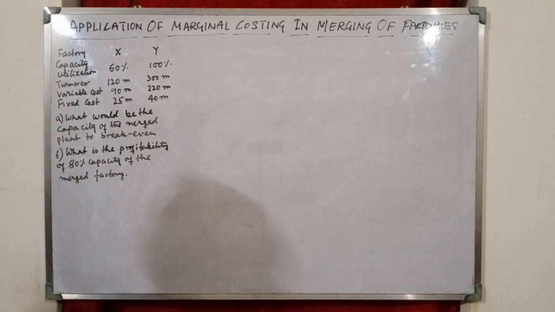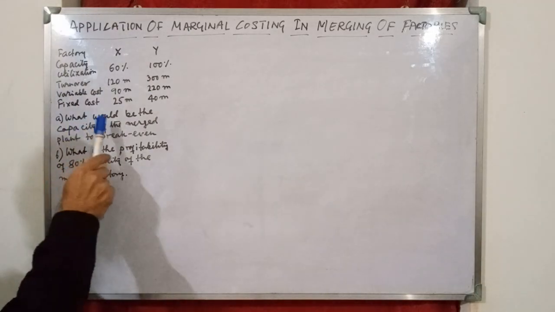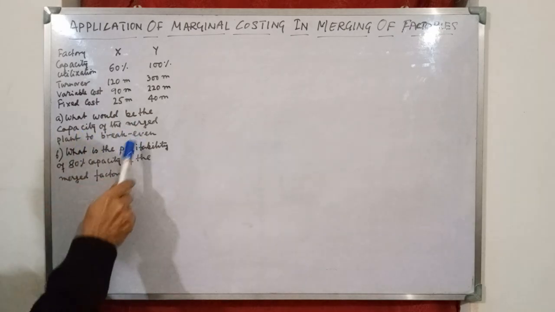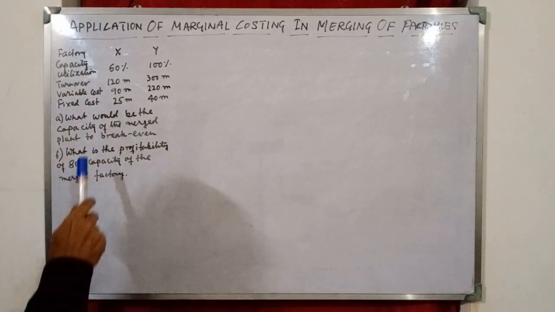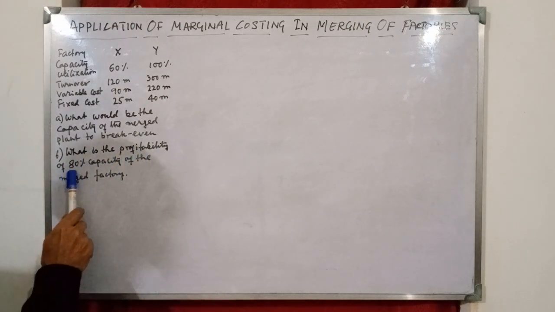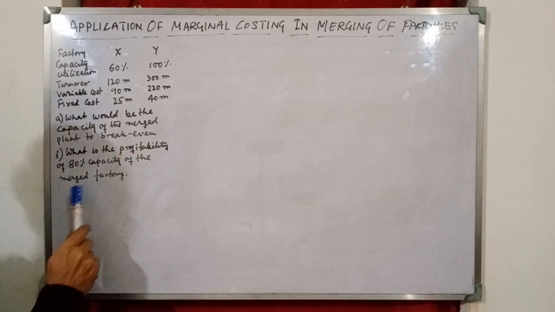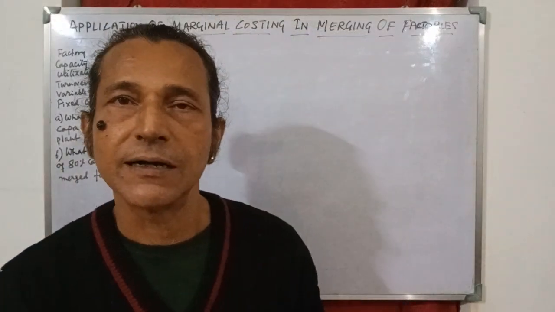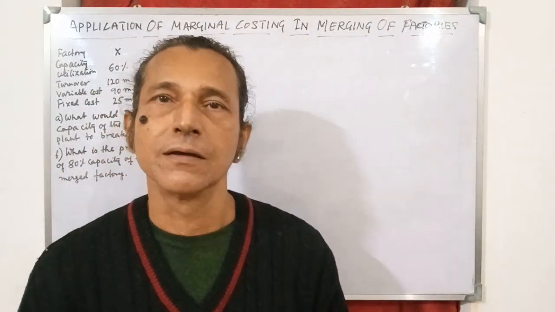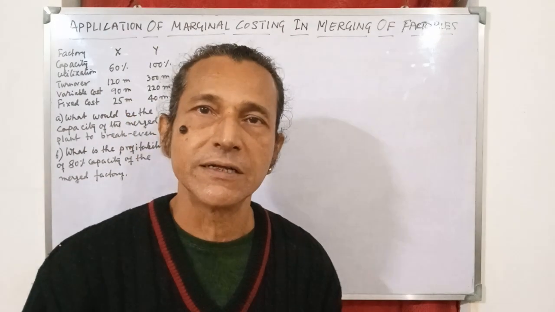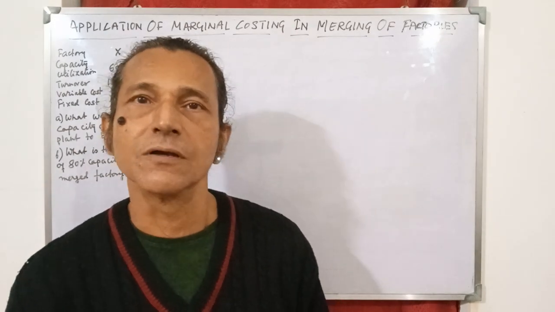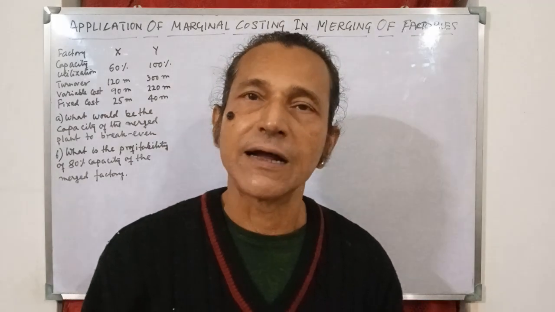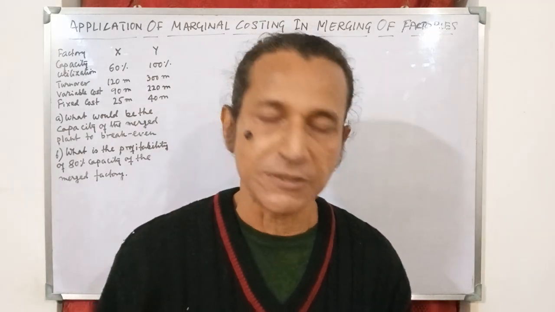Now the requirements are: A, what would be the capacity of the merged plant to break even? And B, what is the profitability of 80% capacity of the merged factory? So there are two factories under a single management with identical plants and machineries, and the management contemplates to integrate both the factories and run as one factory.